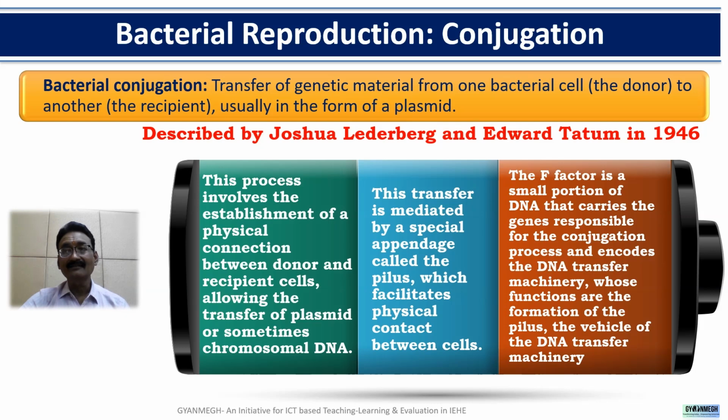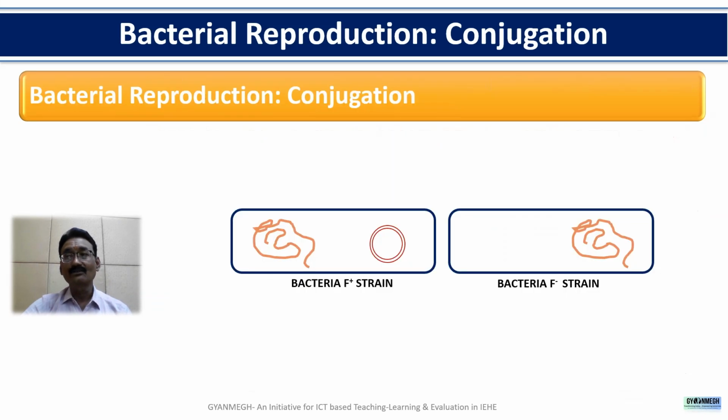There is pilus formation and cell to cell contact between the two bacteria. Here, one bacterium is an F plus strain and the other is an F minus strain. F plus strain means it carries the F factor containing plasmid DNA, while in the F minus strain there is no plasmid.